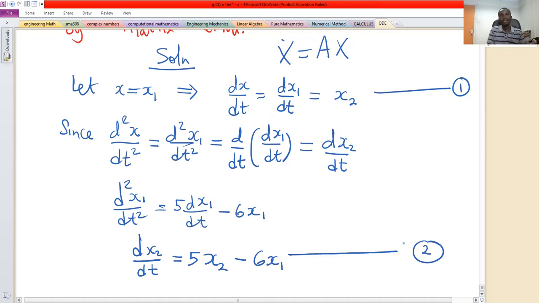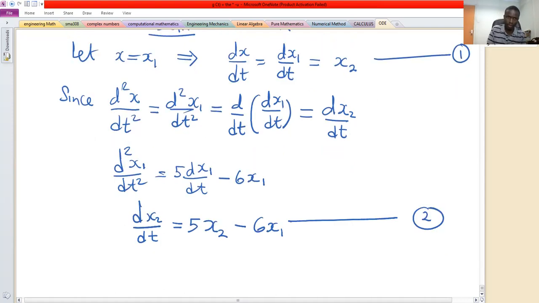Now we have already the system of linear differential equations.